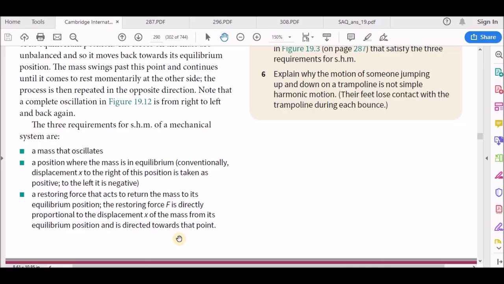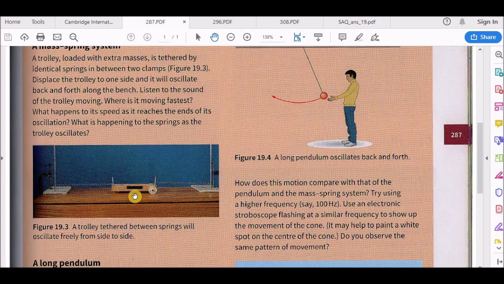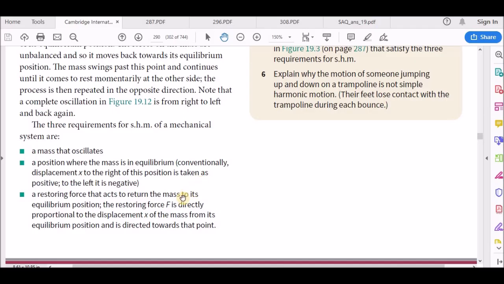For example, if you consider this spring mass system, the trolley, the more you pull it to one side, the greater will be the extension of one spring, and greater will be the compression of the other spring. And according to F equals kx, the greater the x, the compression or extension, the greater will be the force from the spring. So we can apply it to this here.